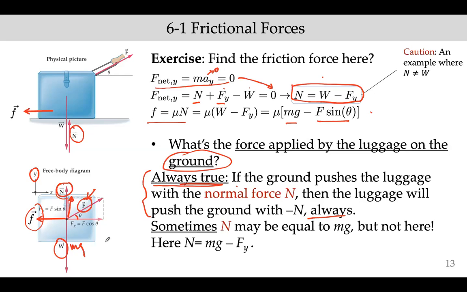Never say negative mg. It could be negative mg depending on the problem, but in this problem, negative normal force is not negative mg. Negative normal force, which is the force that the luggage pushes the ground, is actually negative mg plus Fy.